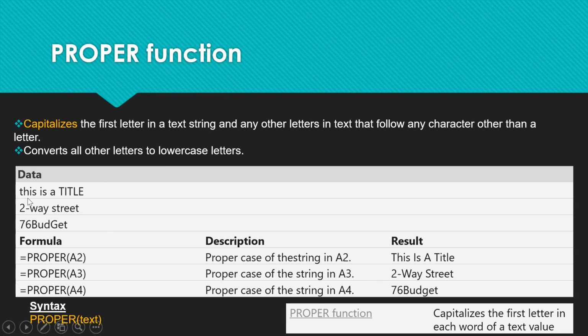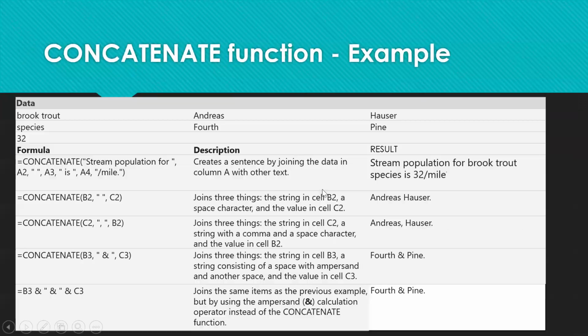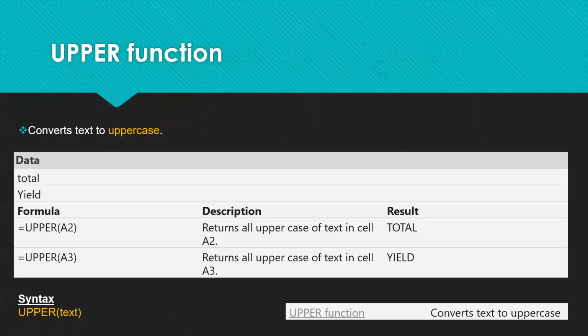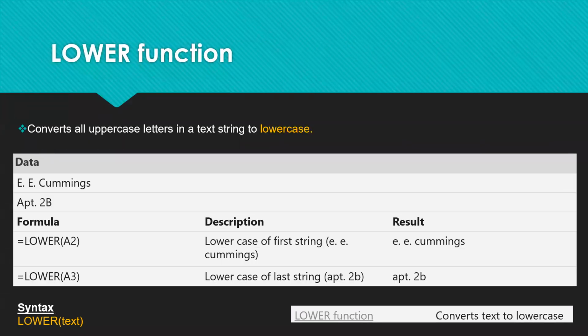This is a title, so it's going to capitalize the T alone, the first character, and even if the title is all caps, it's going to change the first character to uppercase and all the remaining characters to lowercase. What the UPPER function does is change all the characters to uppercase, and similarly LOWER changes all the characters to lowercase.